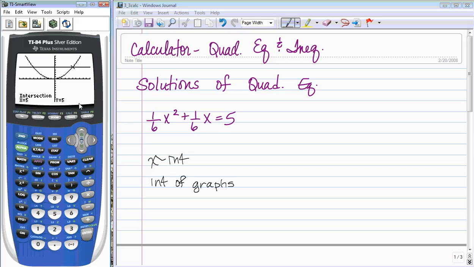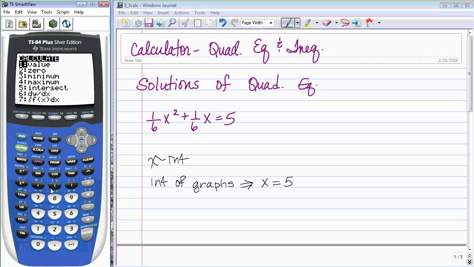So remember that x value is one of our solution points. So we know that x is equal to 5 is a solution. To do the other solution, we're going to have to repeat the process. So do second, trace, 5. And now first curve is displayed, yes. Second curve is displayed.